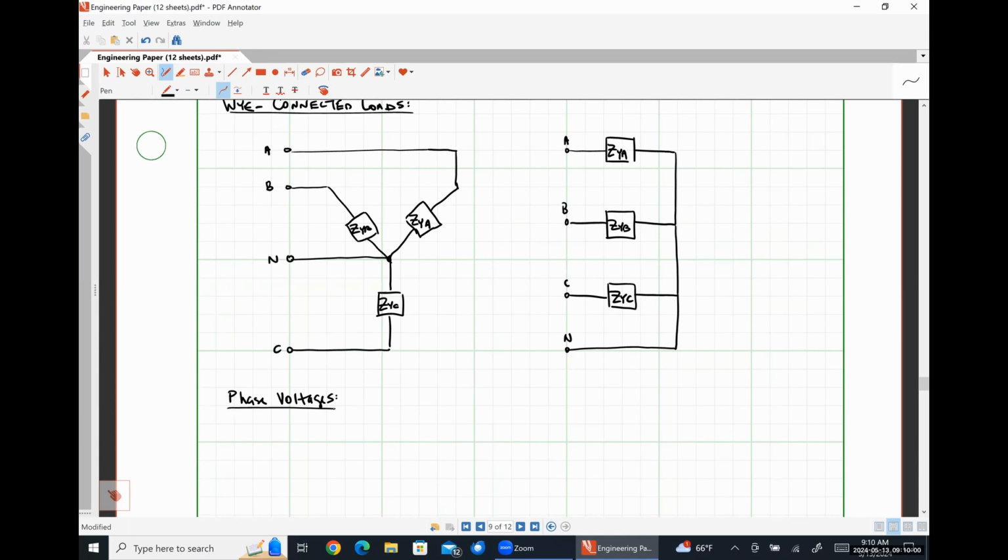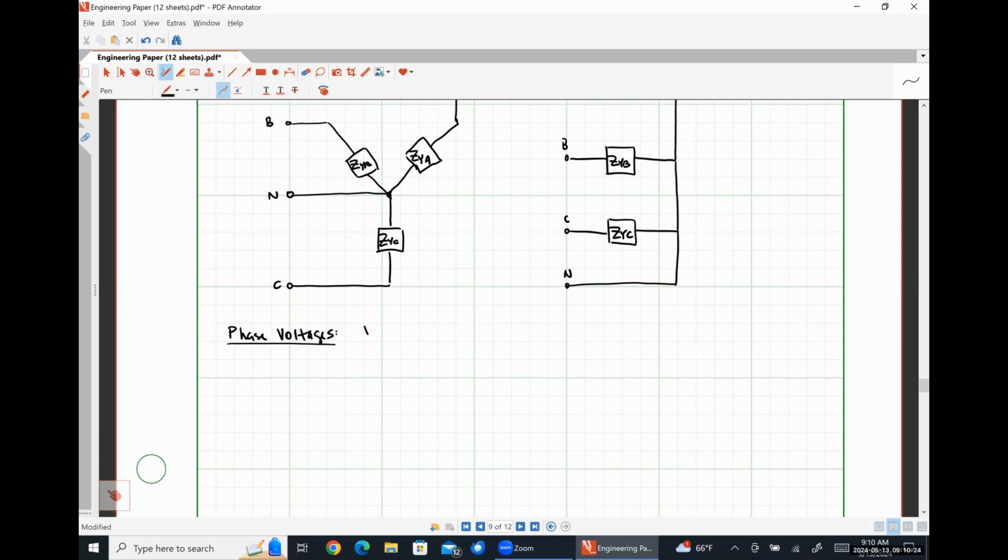What do you mean by the same? Like still VAB, VBC, and then VCA? Those would be line voltages because you're talking about voltages measured directly between transmission lines. Okay, but it'll be capital letters this time. But yes, absolutely.